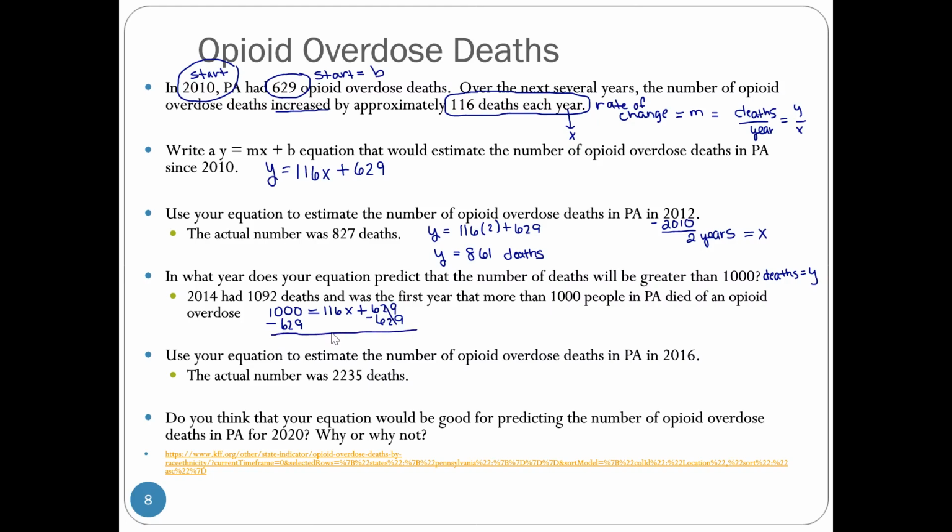And in doing that, on the left-hand side, I have 371, and I have 116x remaining on the right-hand side. So to finish, I'm going to divide both sides by 116.